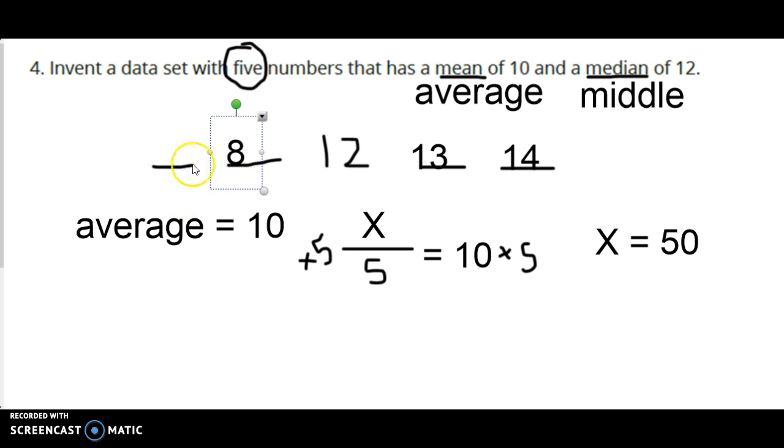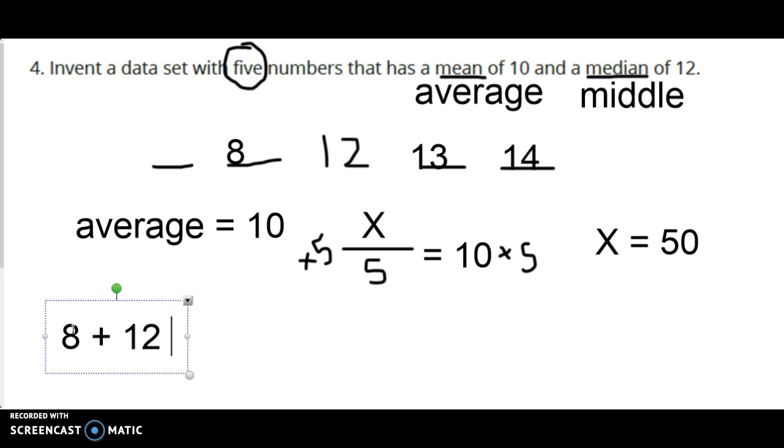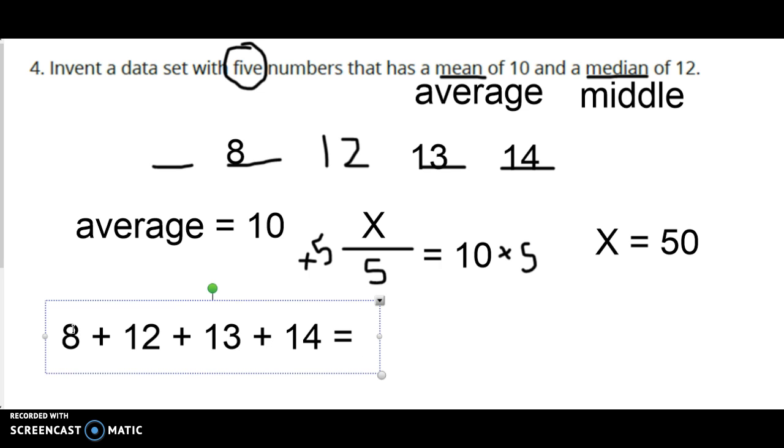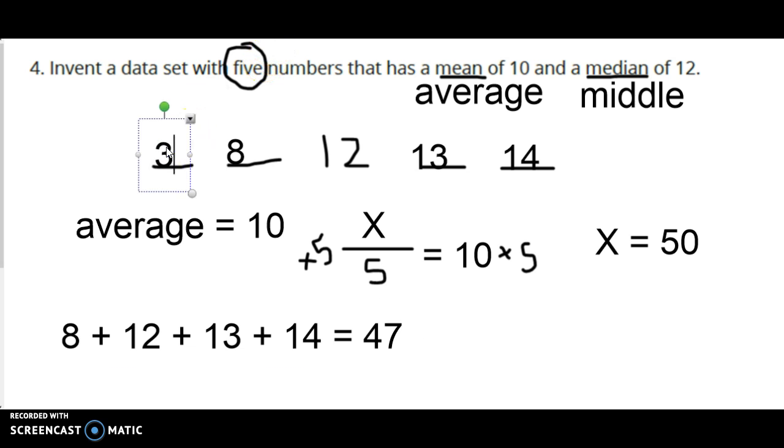And then let's leave this one blank, because what we need to do is add these numbers up and see what would be left to get us to 50. So 8 plus 12 plus 13 plus 14: it's going to be 27 plus 12, 39 plus 8, 47. What is left to get us to 50? 3. So mine would be 3.